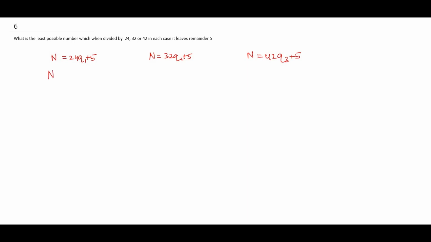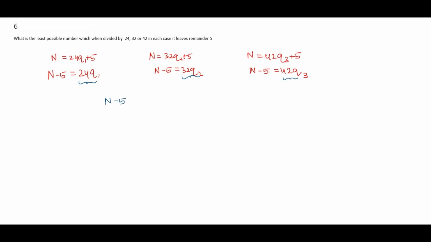That is, N minus 5 will be equal to 24 Q1. N minus 5 is equal to 32 Q2 and N minus 5 is equal to 42 Q3. Now we can see that N minus 5 is a multiple of 24, 32 and 42 as well.